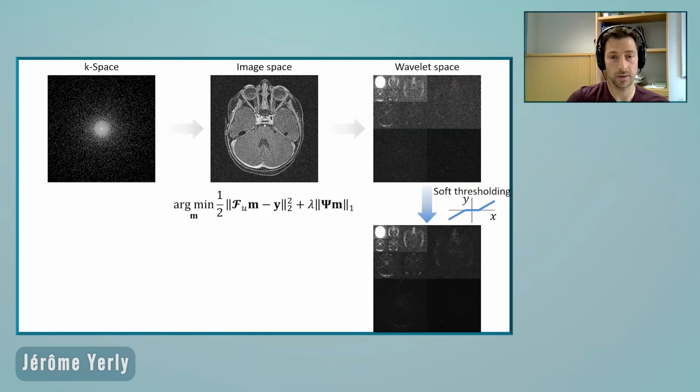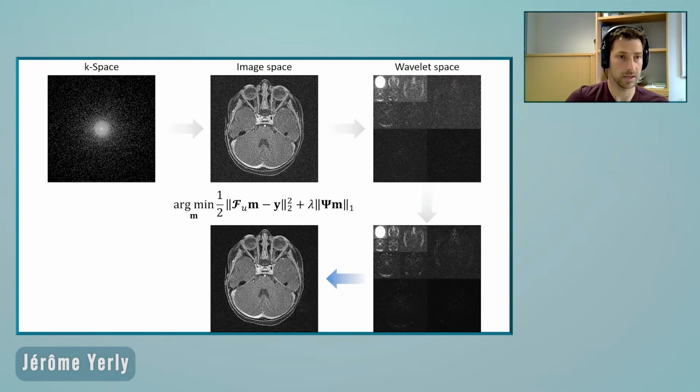We apply some soft thresholding to these coefficients to denoise the data, and then we go back into the image space. Now we can already see a better approximation of the image.